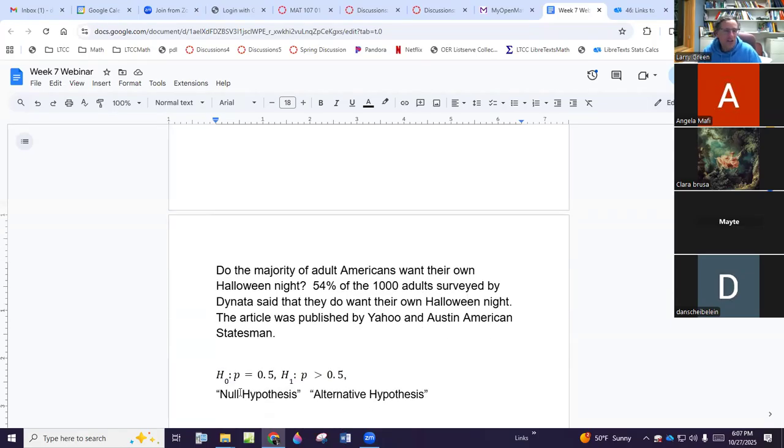So let me show you what we're going to write. The first thing, this is called hypothesis testing. Hopefully you all know the first letter of the word hypothesis. Not a trick question, this should be easy. What's the first letter of the word hypothesis?